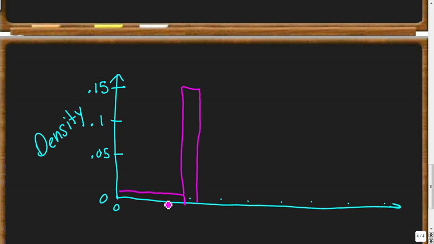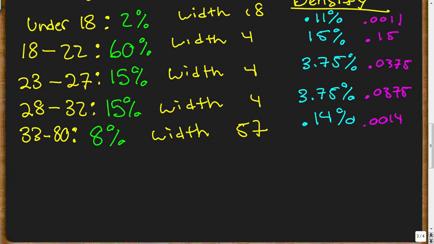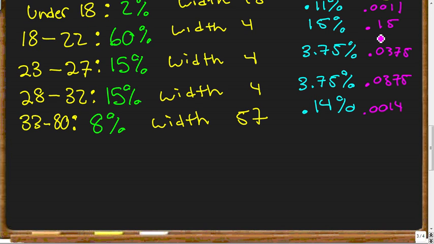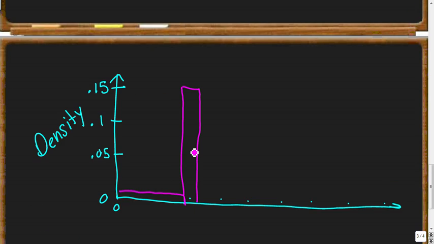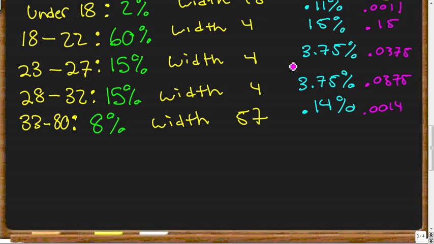We're accounting for its area, which is 2% versus the 60%, right? We're making this as dense as we can. And that's roughly accurate, because this is a much, much larger group in reality.